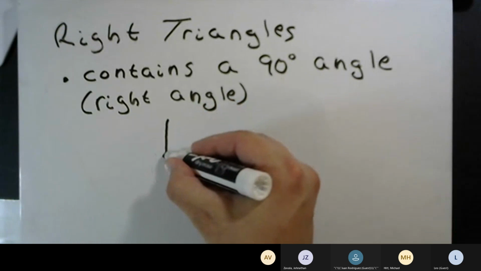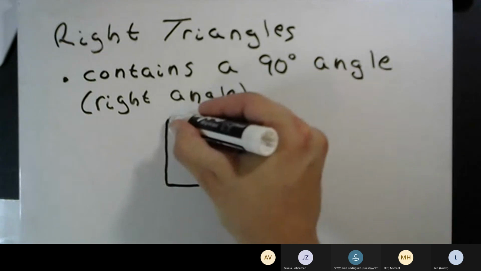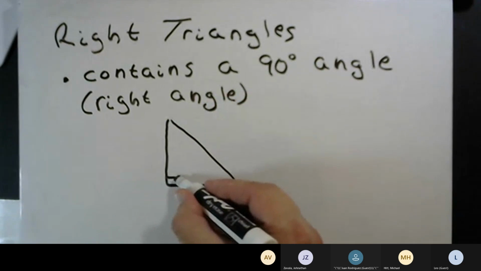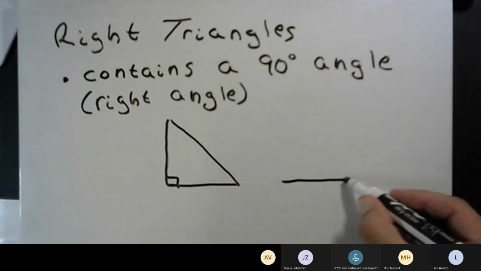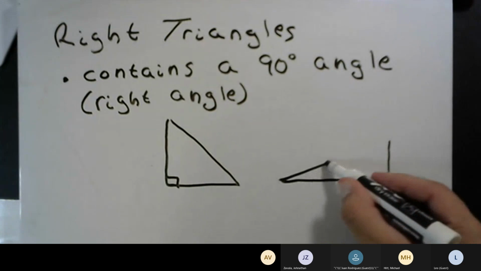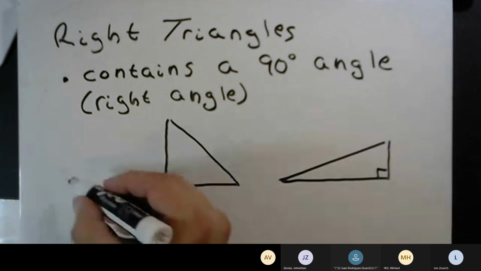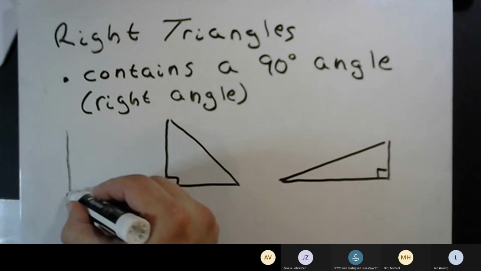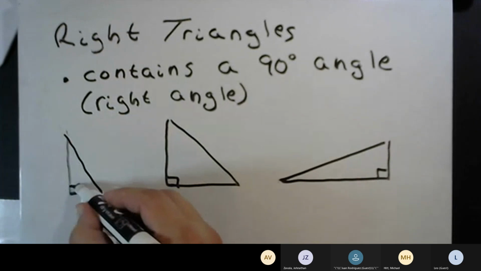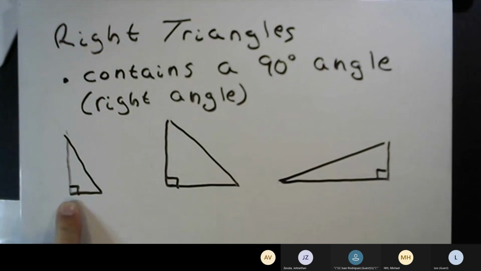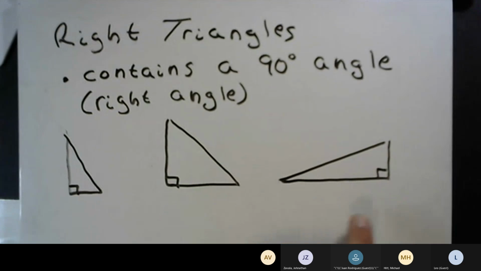So it looks something like this. Or they might look something like this. Or something like this. But they have this perfectly vertical side. Now, sometimes they tip them over.